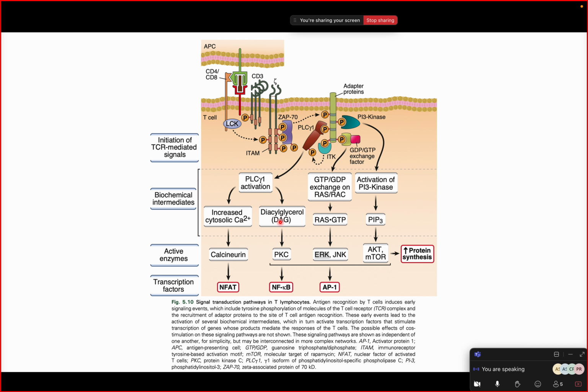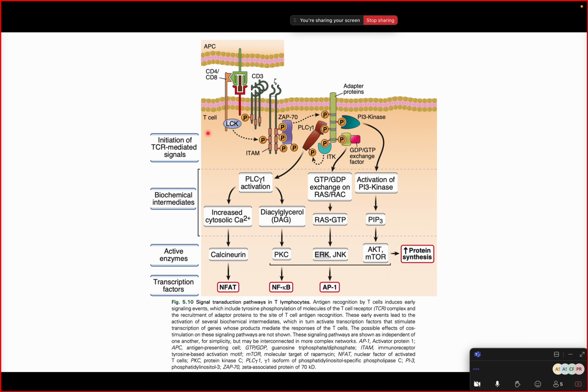These are general signaling pathways which are present in the cell, but they can be stimulated or activated by different receptors. Here one of such receptors we are talking about is CD4 or CD8 on a T cell, because we are talking about T cells.